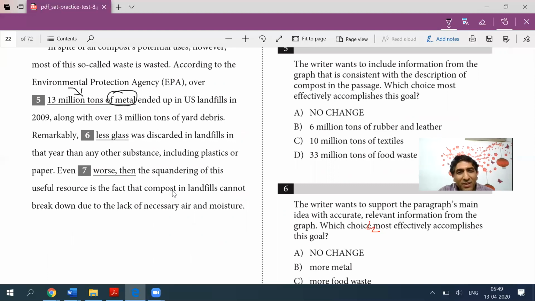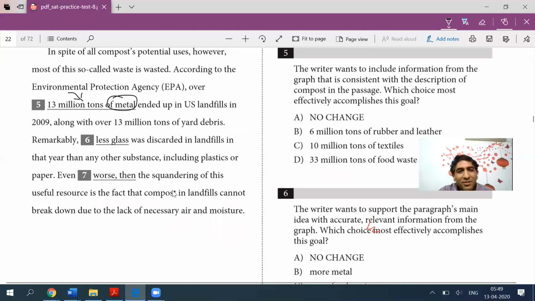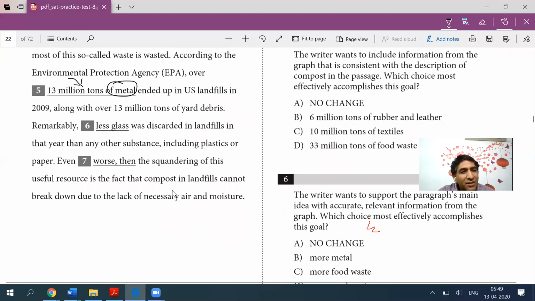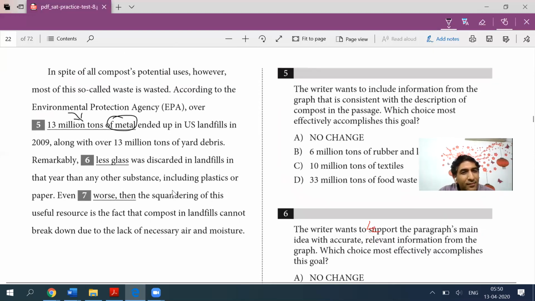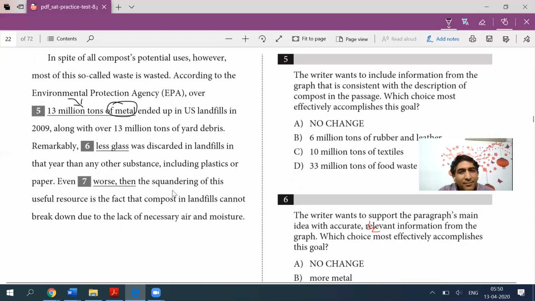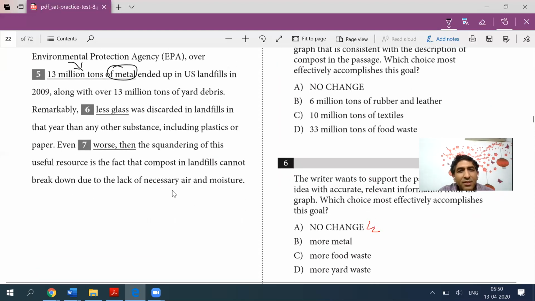10 million tons of textile, 33 million tons of food waste. According to the Environmental Protection Agency, over this million tons of metal ended up in US landfills in this, along with 13 million tons of yard debris. Thirty-three million tons of food waste.